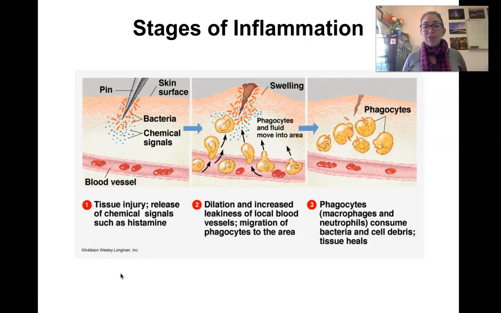All right, so the stages of inflammation, you get an injury. Let's say you get a splinter or a cut in your skin, and that thing that you cut yourself with contains some bacteria on it. So those bacteria have now made it past that first barrier of your skin, and now it's time for the second line of defense, the innate immune system, to take care of things.